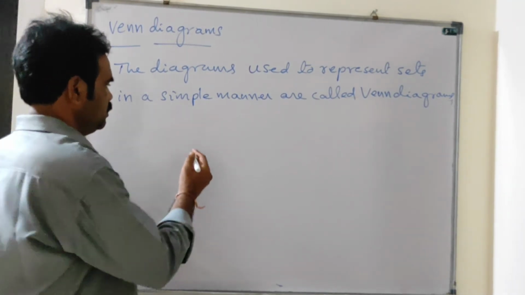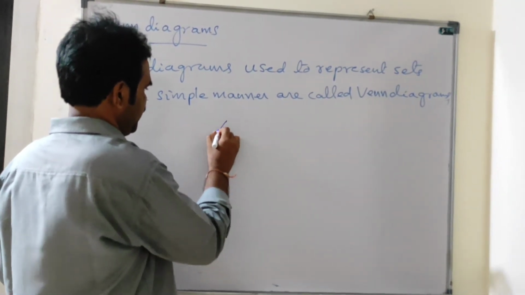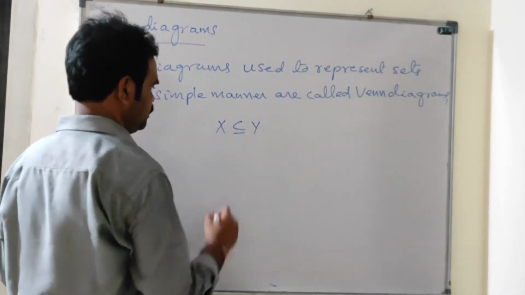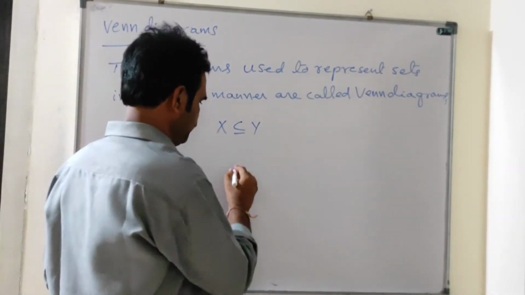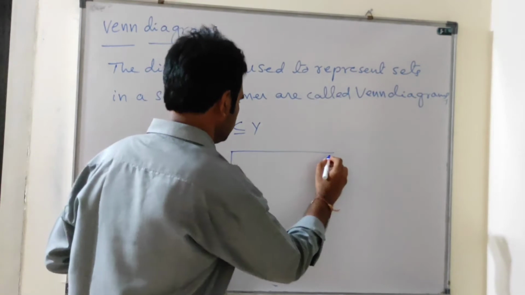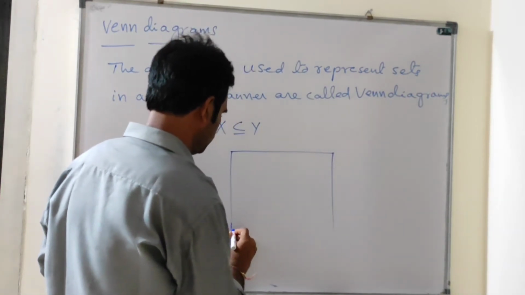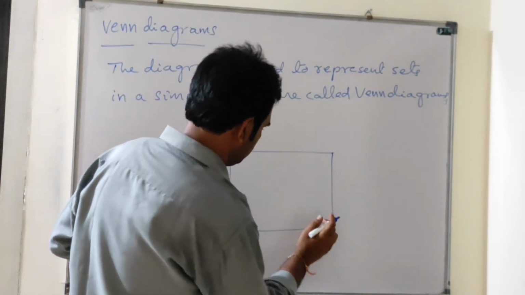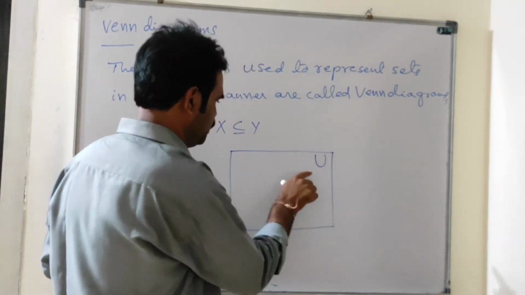For example, X is a subset of Y. We can denote it by a Venn diagram. U is the universal set.